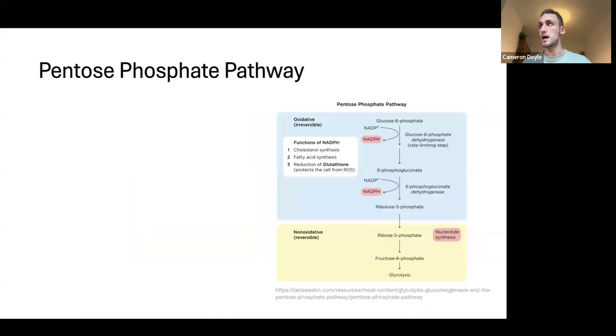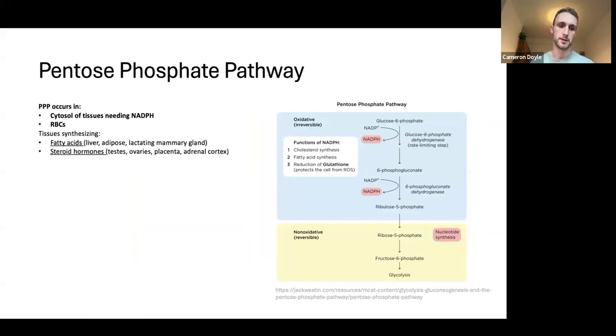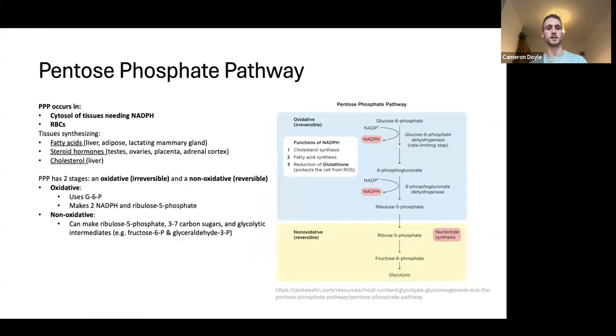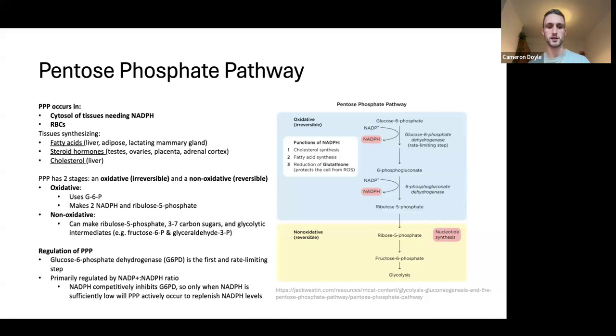Okay, so the pentose phosphate pathway. What is this? Well, this is a bit about where it is and the point of it. I don't know why we've got all these animations, but there you go. The pentose phosphate pathway has a couple of functions.